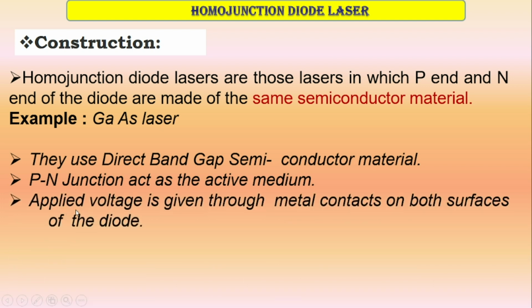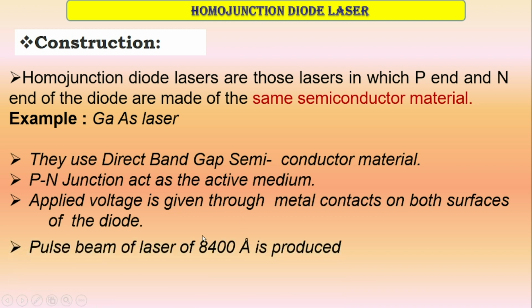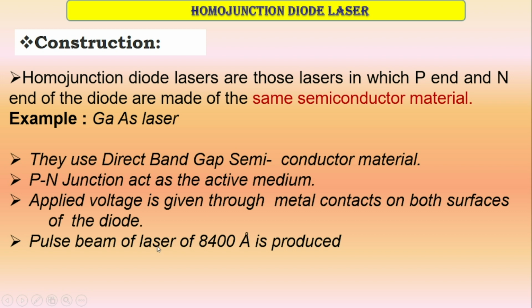The applied voltage is given through metal contacts on both surfaces of the diode, and a pulsed laser beam of 8400 angstrom is produced with these homojunction diode lasers.